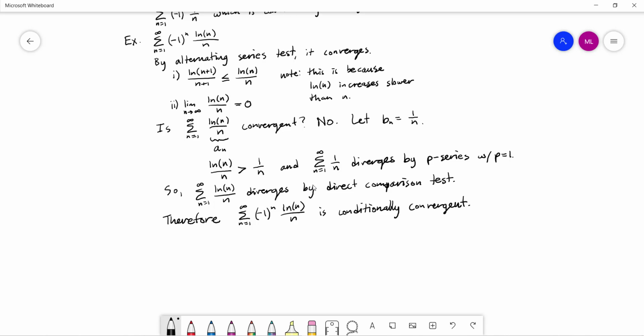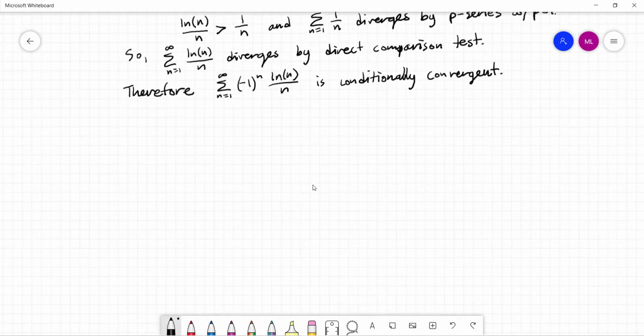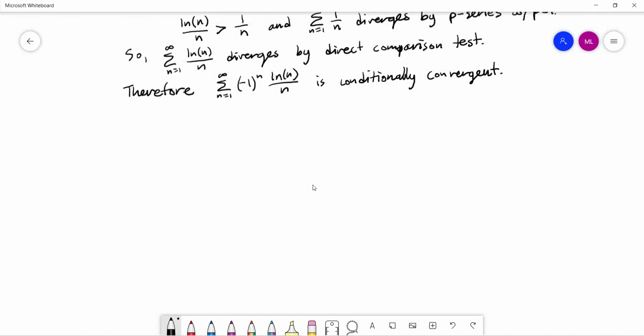Let's look at a couple of other tests that are going to build on some of these definitions, and we can figure out exactly how things are related here. So I want to start with, let me just write these out. We have two different tests. We have something called the ratio test, and a second one called the root test.